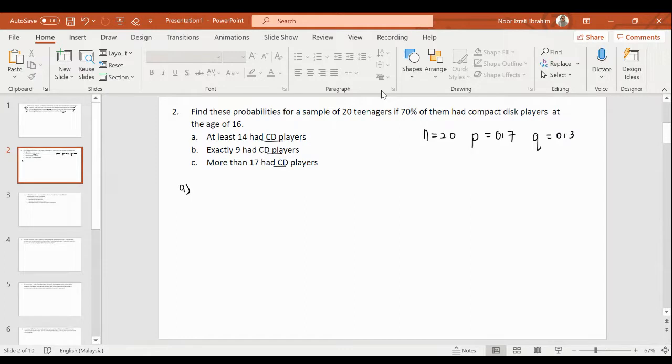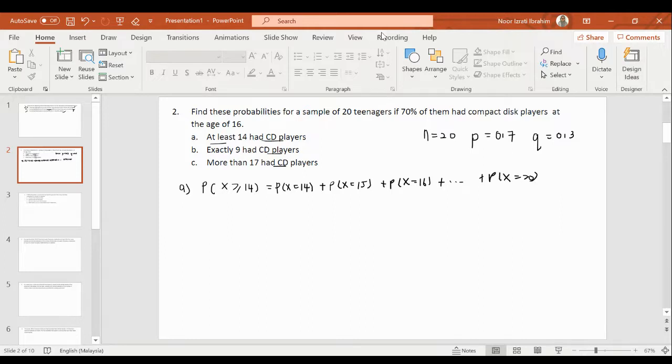For A, at least 14 had CD players means the minimum is 14. X is greater than or equal to 14, so it will be equal to the probability when X equals 14 plus the probability when X equals 15 plus the probability when X equals 16, until the probability when X equals 20.